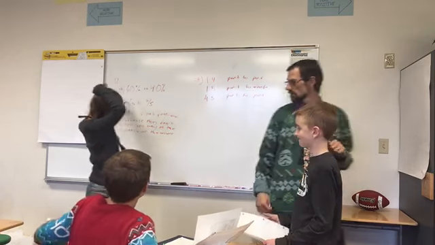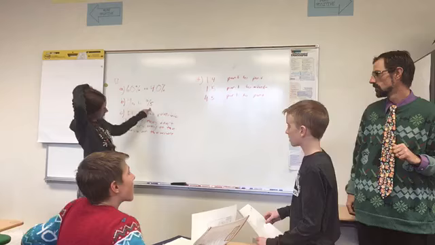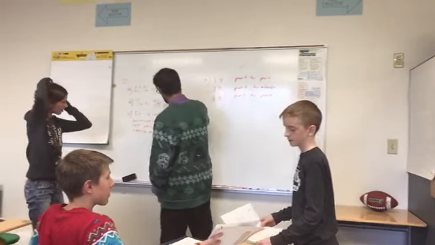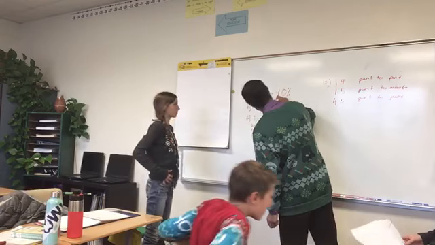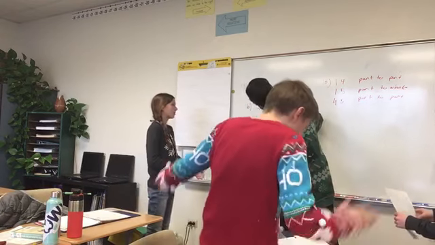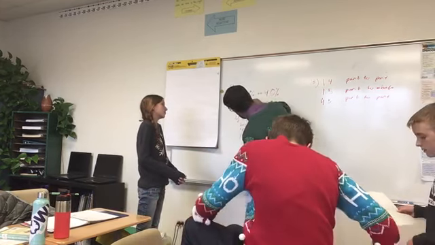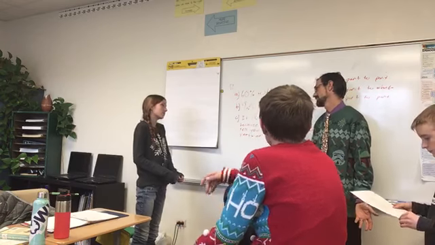Does that make sense, Maya? This is what she's forgetting. This is water. This is mix. This is concentrate. This is mix. So they want concentrate to water. Now you labeled them.